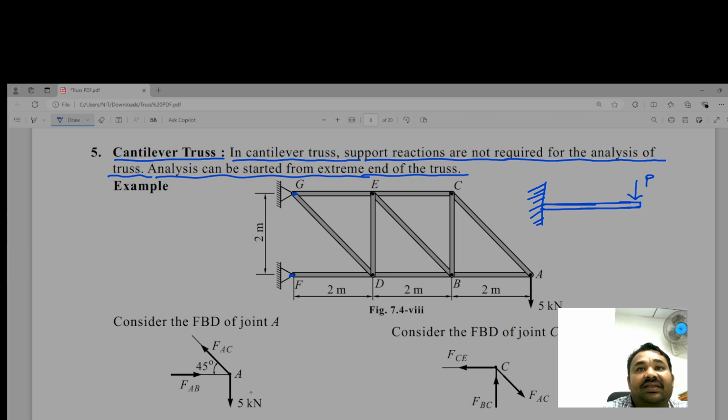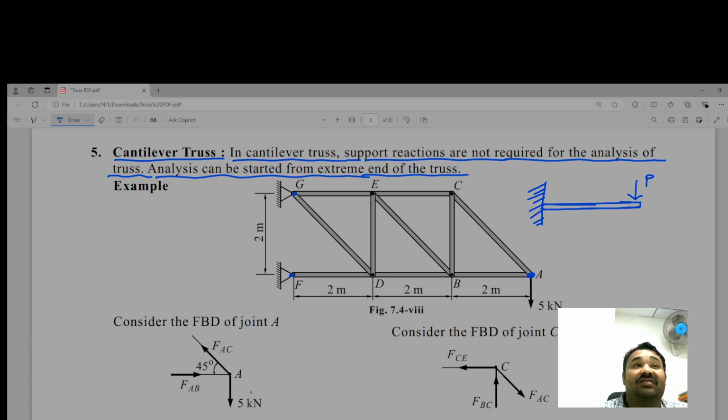So where to start? Then from the free end, from joint A, we have to start our analysis. If you want, you can do it the other way too, but then more calculations are required and it takes more time. However, you will get the same answers, but why waste our time? That's why we can start from joint A. In this way we can minimize the time.